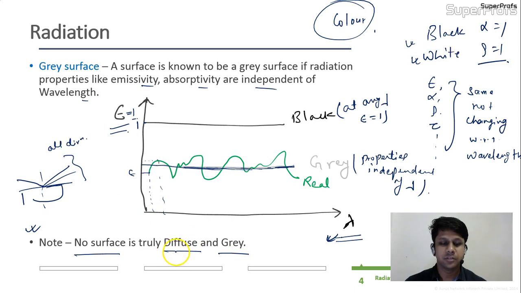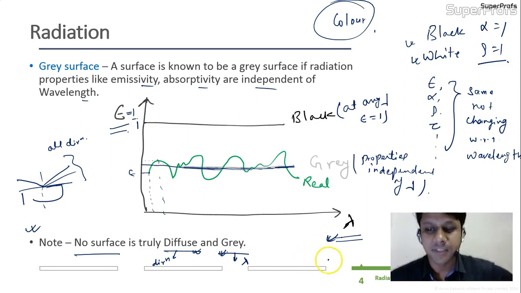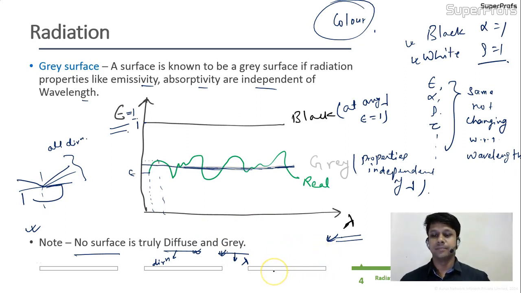So diffuse means no dependency on direction, and gray means there is no dependency on lambda. In our further study of radiation, we will consider the surface to be diffuse and gray. It simplifies our analysis, but in reality there is no surface which is truly diffuse and truly gray.